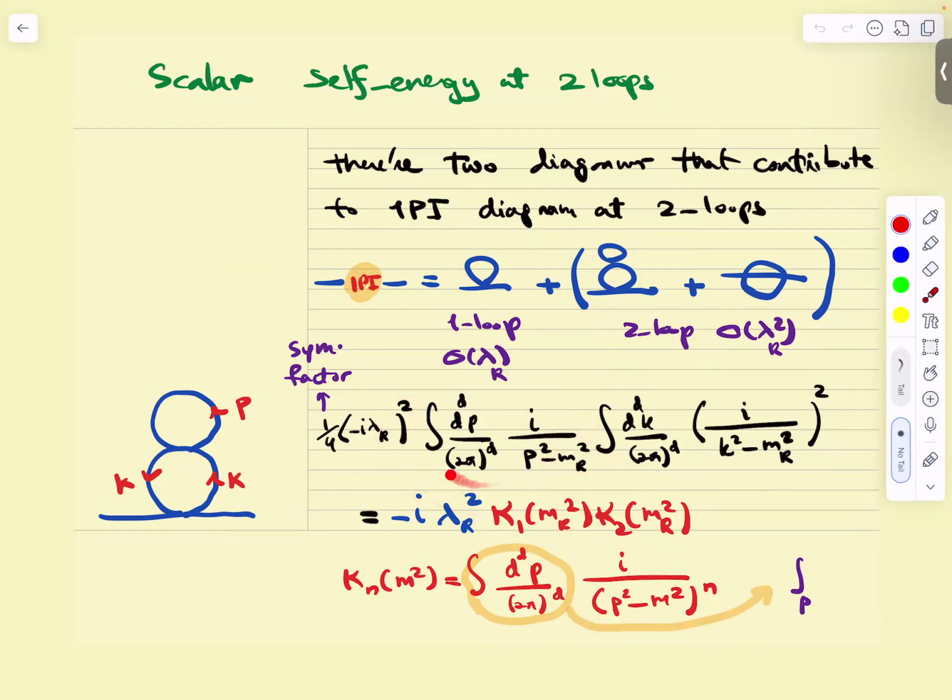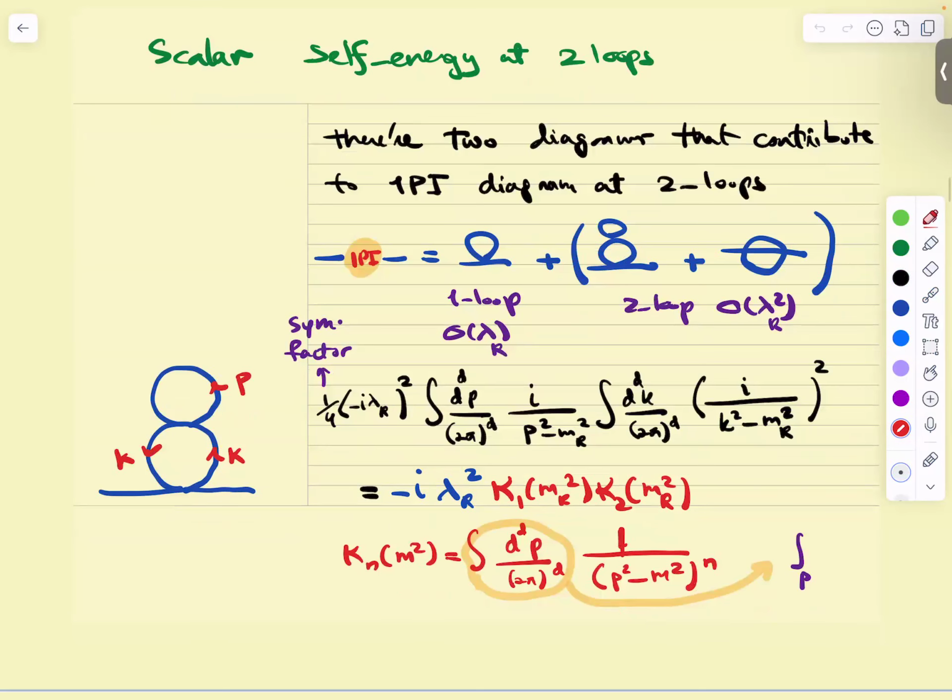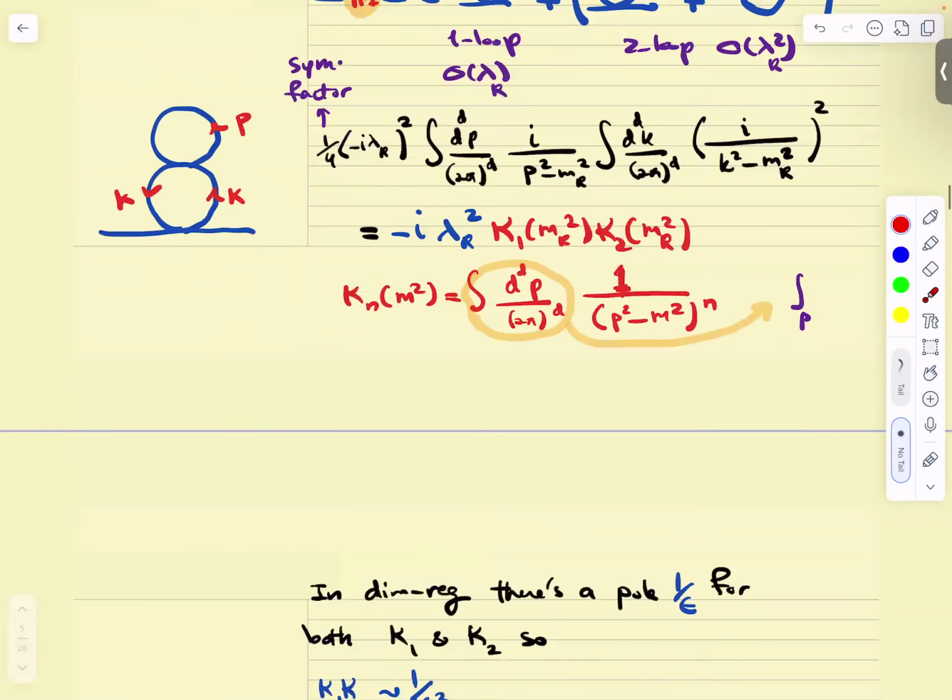If I define K_n of m squared this way, this would be K1, and this would be proportional to K2. I think I want to put 1 here. These are tricks that we use: you can just do this integral once and recycle it. So K1, K2. Good?